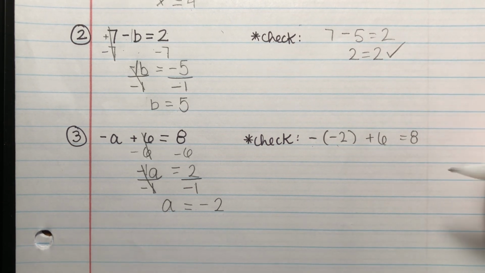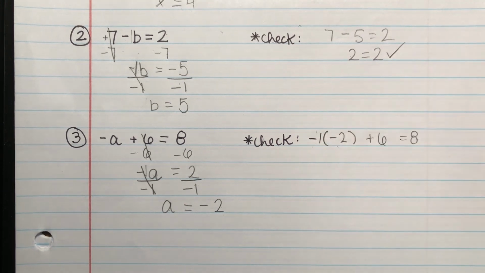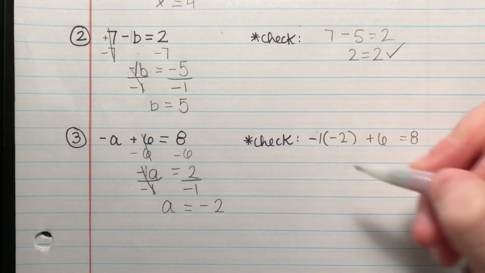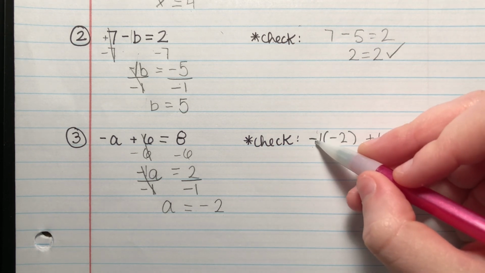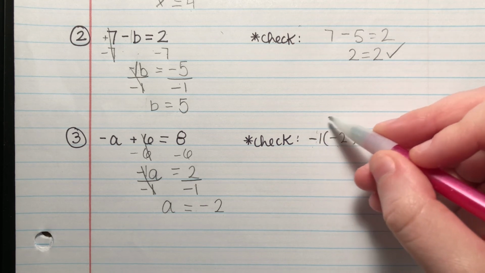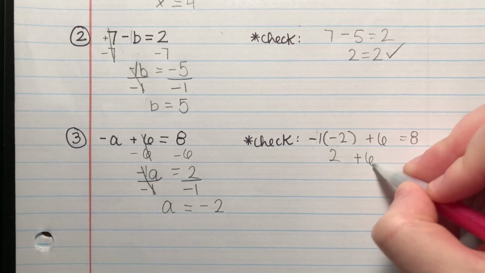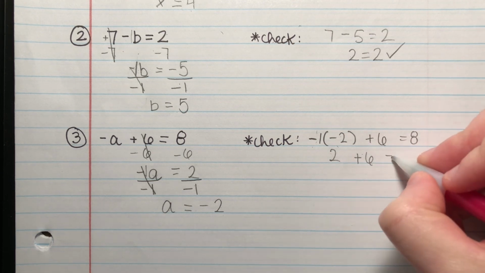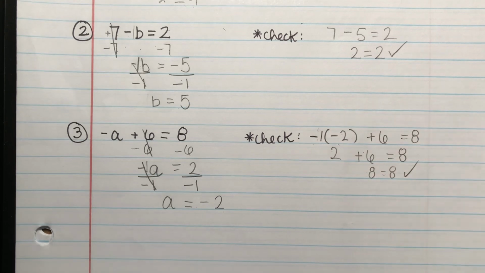Now remember, I said if there's not a coefficient here, we can always just assume that there's a 1. If it doesn't give you 1, there's just a 1 there. All right? So negative 1 times negative 2 gives me positive 2. And 2 plus 6 equals 8. So this problem we did correctly.